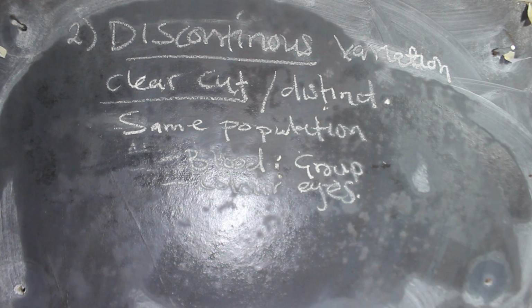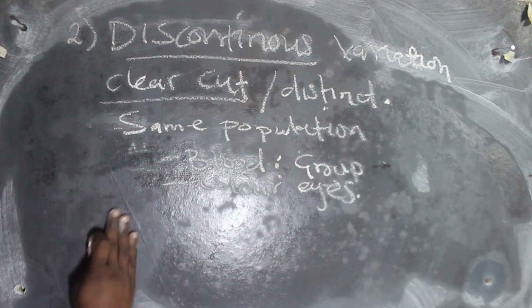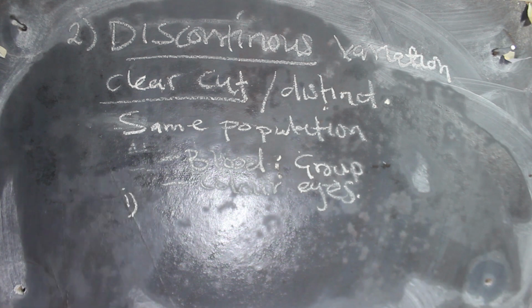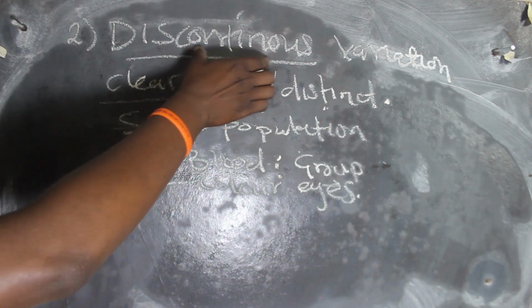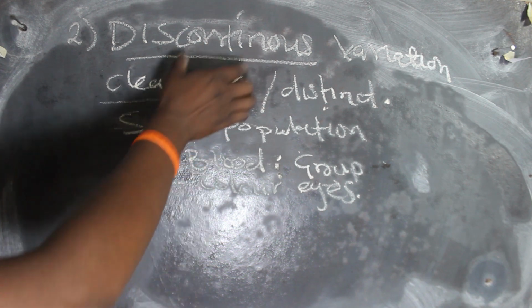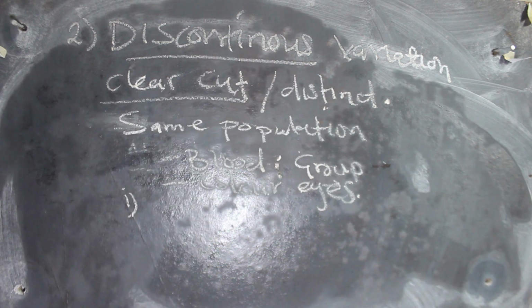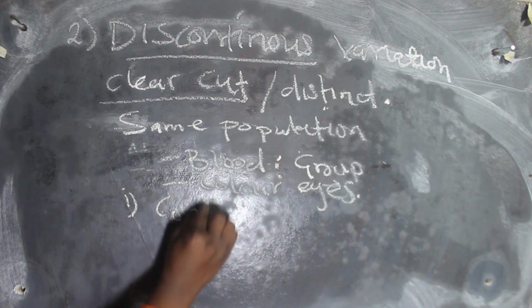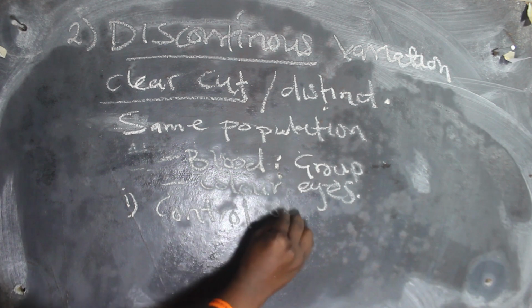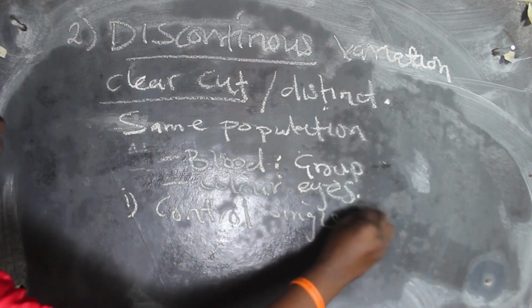Now there are things that cause discontinuous variation. We noticed that continuous variation was influenced by many alleles or many genes. However, discontinuous variation is controlled by a single gene.